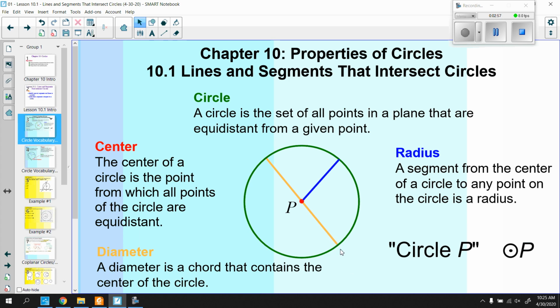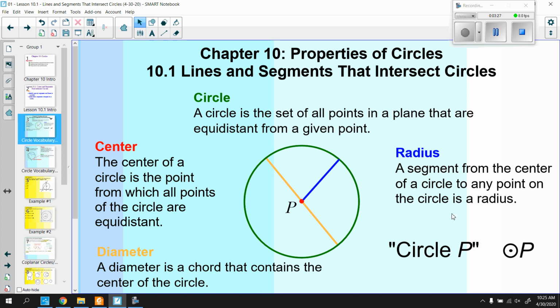When I put those together and create really a segment that passes through the center, we get a diameter. Both of those are terms I know you're kind of familiar with. We'll come back to this one right here, chord, in a second. But basically a segment that passes through the center of the circle with endpoints on the circle, that's what we would call a diameter. Okay, so it's really a radius times 2, or 2 radii put together.